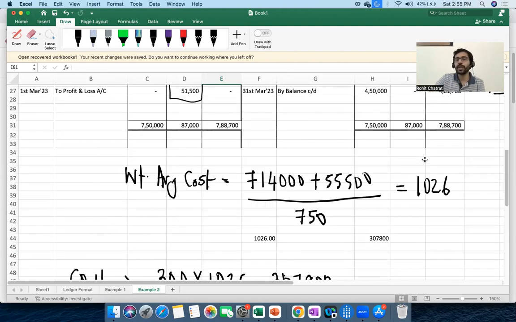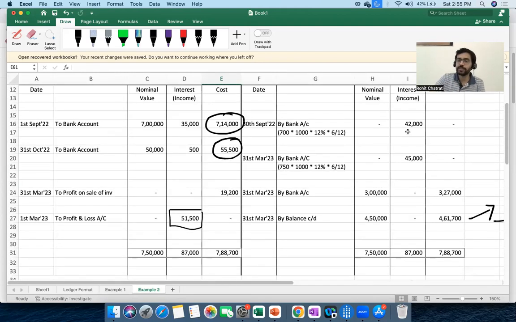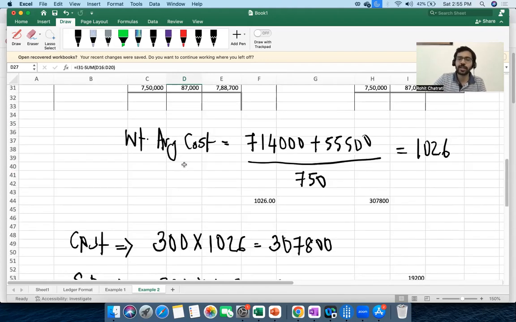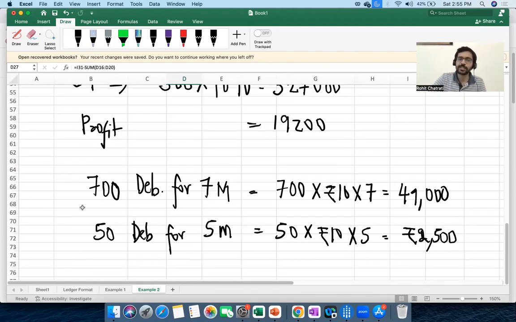Although the company had paid me a total of 87,000 interest, which is for both the first 6 months and the second 6 months, I am rightfully entitled only to 51,500, which is what I am taking into my P&L account at the end of the year. I am rightfully supposed to take only 7 months of interest on the first 700 debentures and 5 months of interest for 50 debentures.